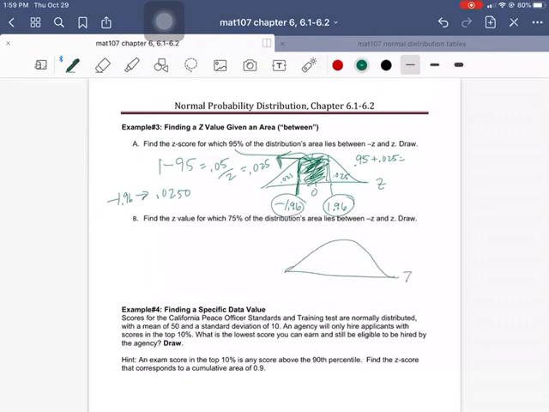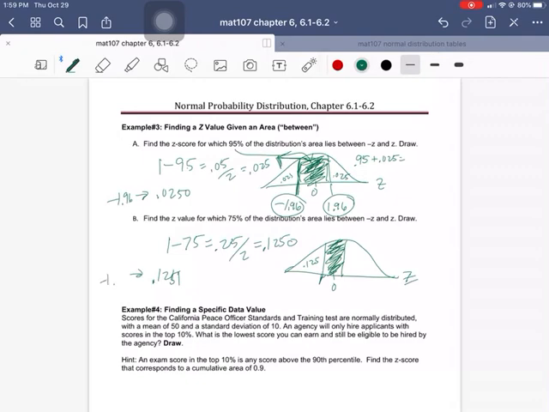So let's do that again. Zero's here, so 75% would be a lot tighter. All right, I do 1 minus 0.75, that's going to give you 0.25, divided by 2, it's going to be 0.125. So right here is 0.125, and I'm looking for this z value here in the negative table, and 0.1251 is the closest to 0.1250.